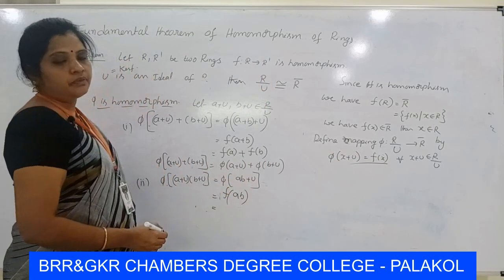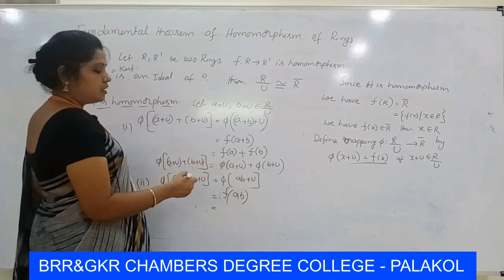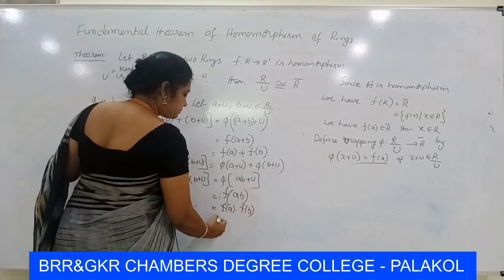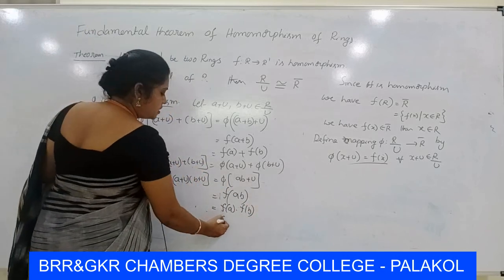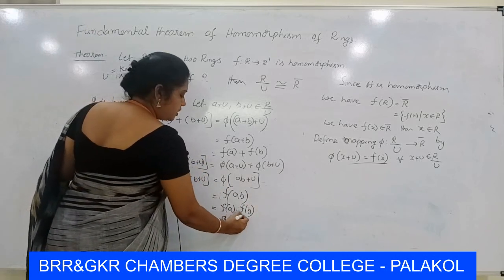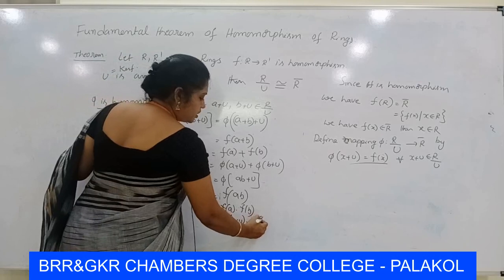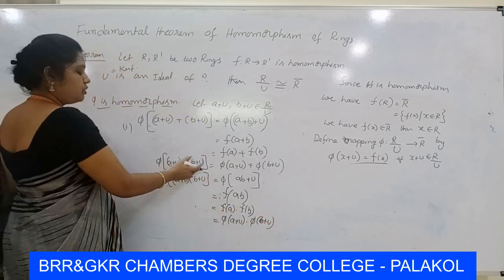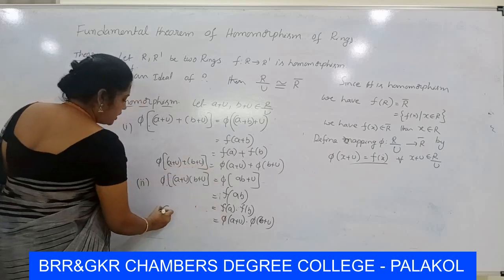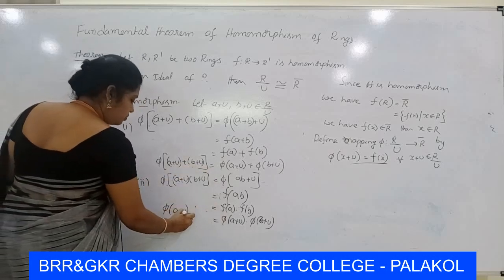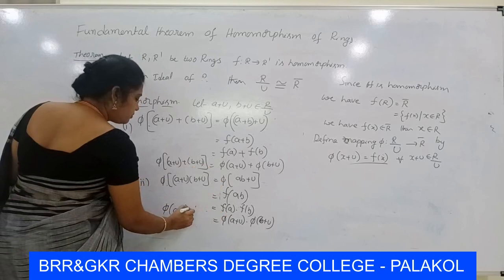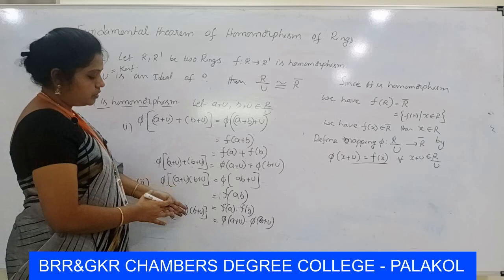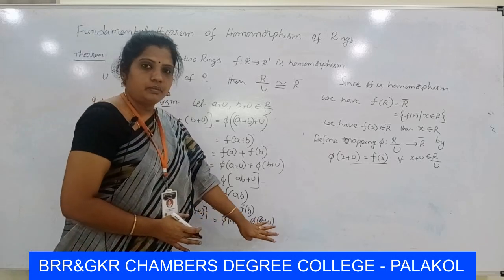F is a homomorphism, so the second condition gives f of a into f of b. Here f of a is phi of a plus U, and f of b is phi of b plus U. We get phi of a plus U into b plus U is equal to phi of a plus U into phi of b plus U.